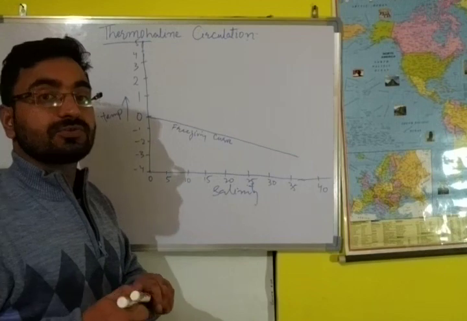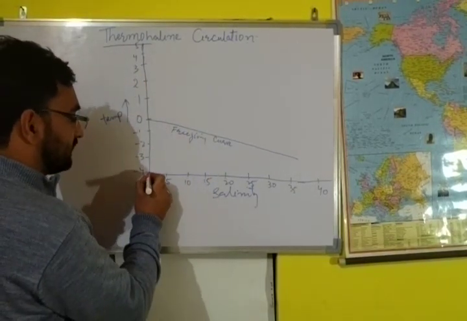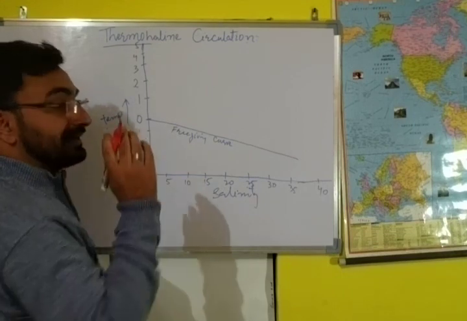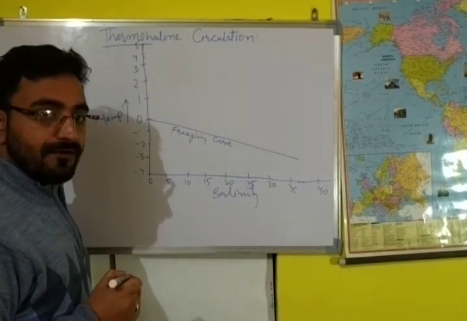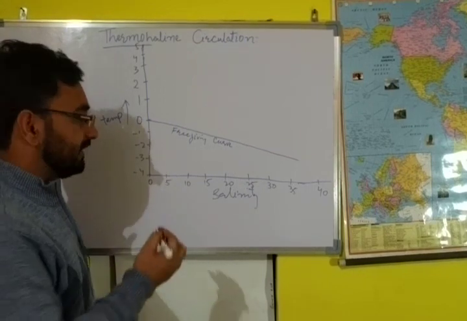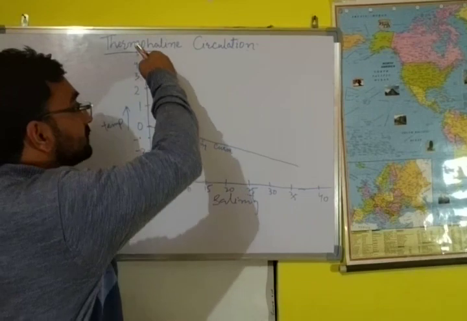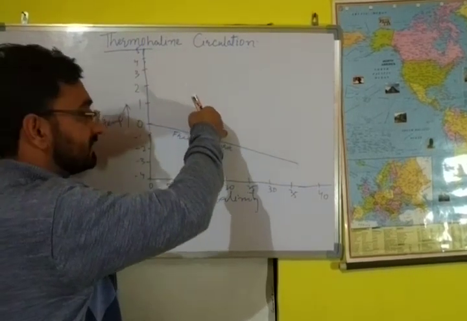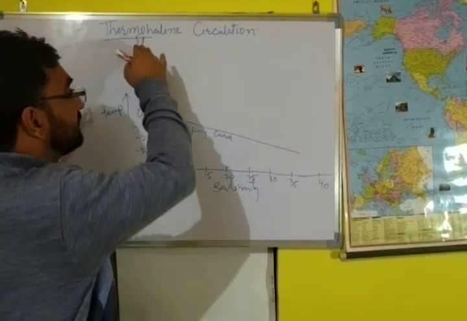But what happens to the density curve? If we see the fresh water where the salinity is 0, the maximum density is at 4 degree. When salinity is 5, 10, 15, the maximum density temperature also decreases. But what is the difference between the freezing curve and the density curve?